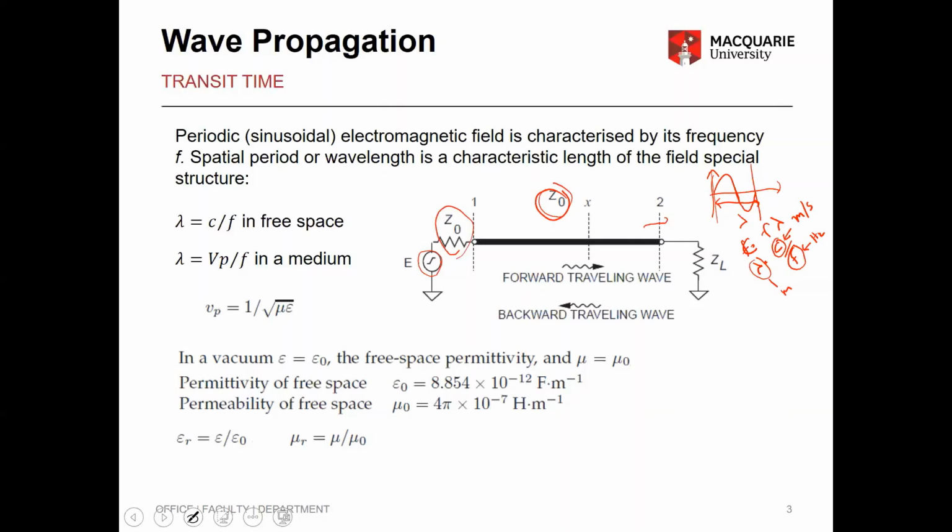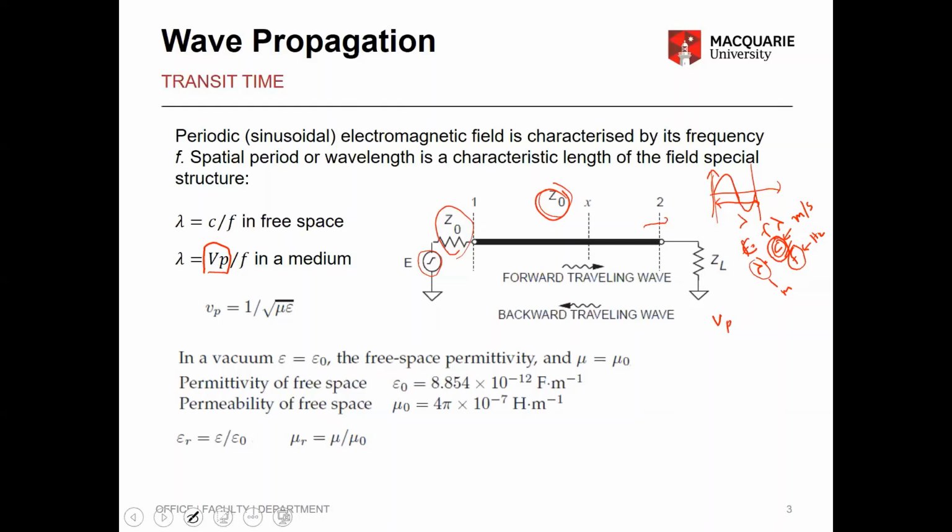Now the same way, that's the wave propagation in the air, or in a vacuum. So air and vacuum, we treat them as similar. But when the wave propagates in a transmission medium, it cannot travel at the speed of light, which is c. So it will have a certain velocity for it to travel, and we call that the phase velocity, and it's called Vp.